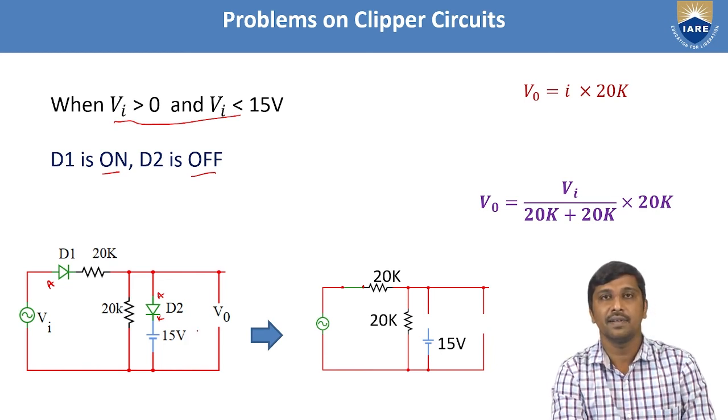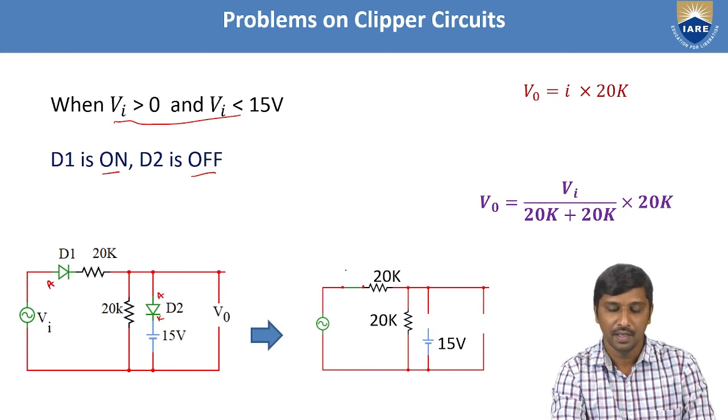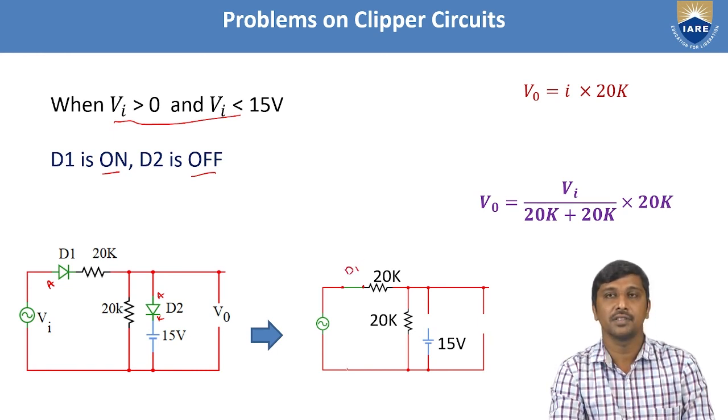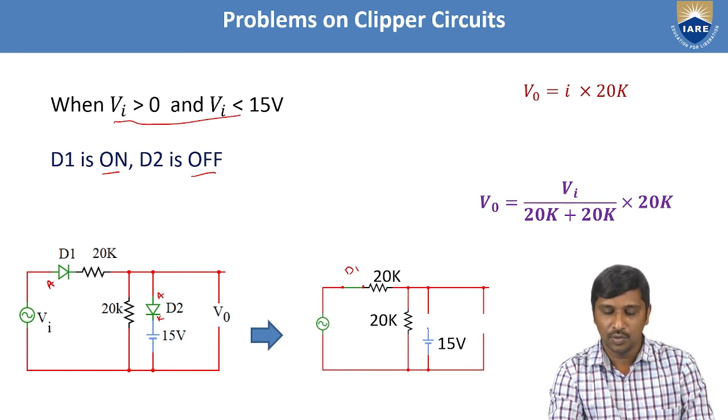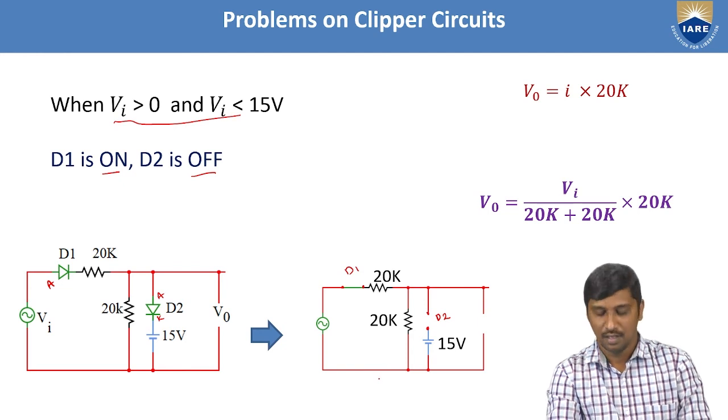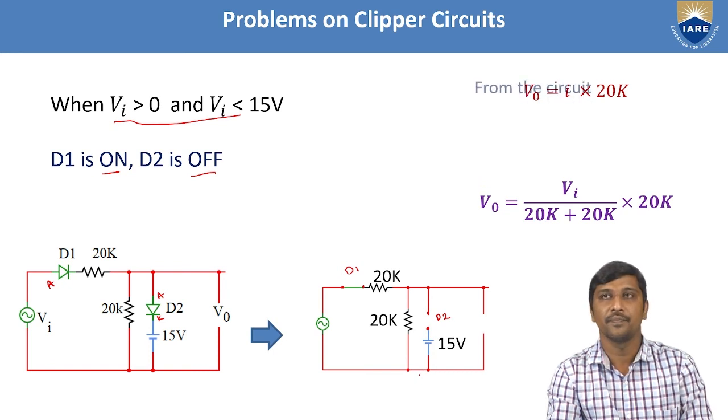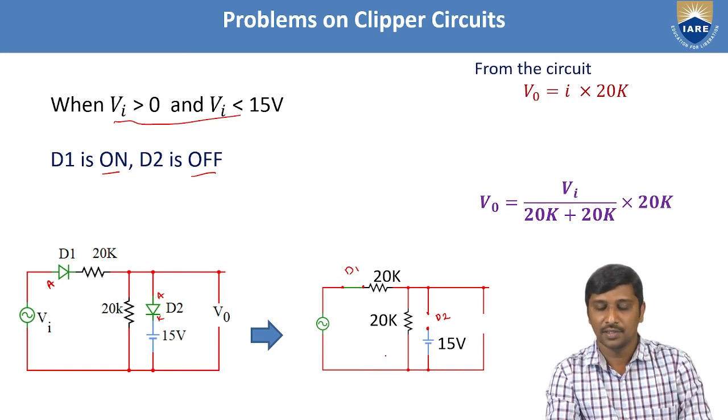If the diode is reverse biased, ideally it is simply replaced with an open circuit. Hence, D1 is replaced with a short circuit, and D2 is replaced with an open circuit. And now we need to calculate how much voltage it generates here. So by using this circuit, what happens?